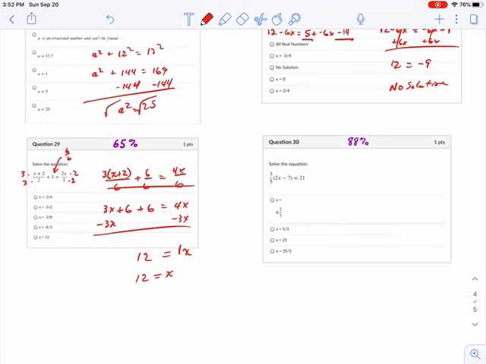The last one, number 30. I did this one by not distributing the 3/5. I multiplied both sides by 5/3 because I didn't really want to distribute the 3/5. If you had watched the lesson on these equations with fractional coefficients, then you would have known that you could do this. I know it does take some practice.